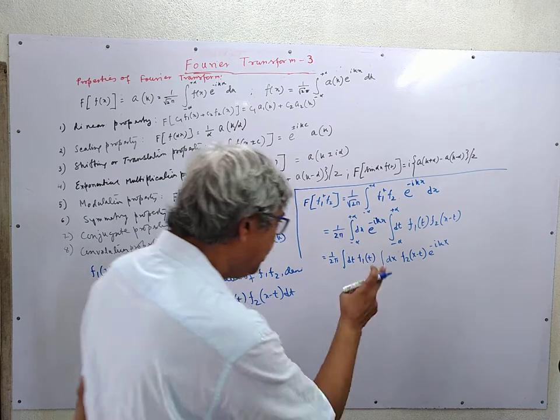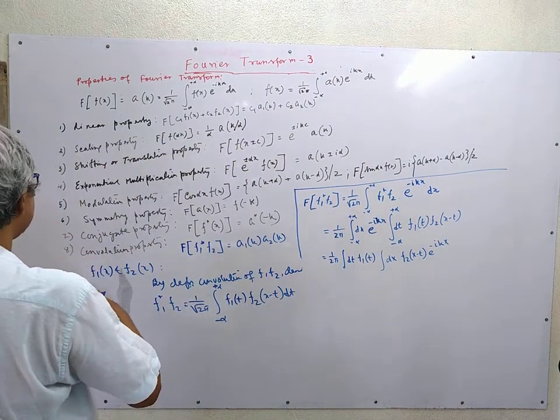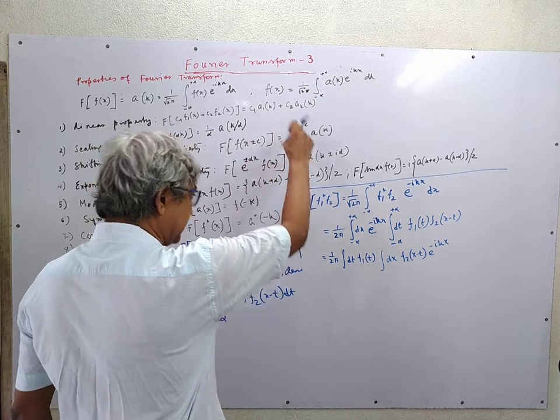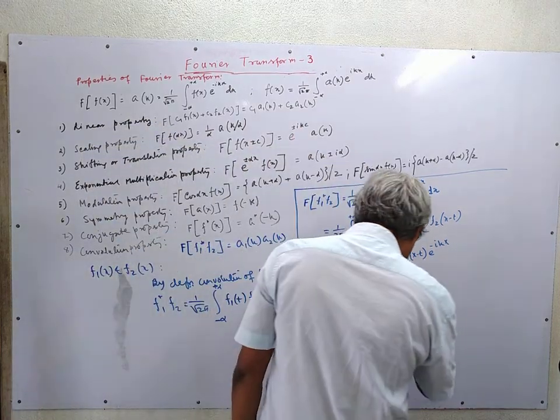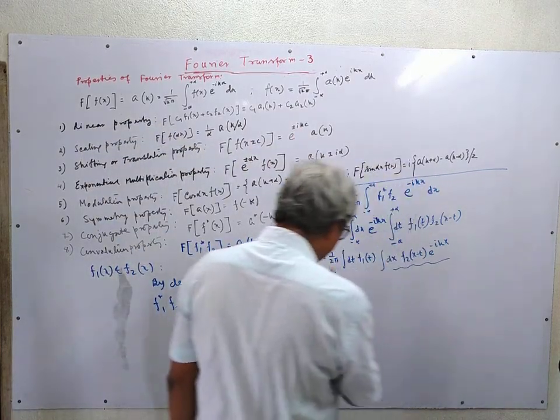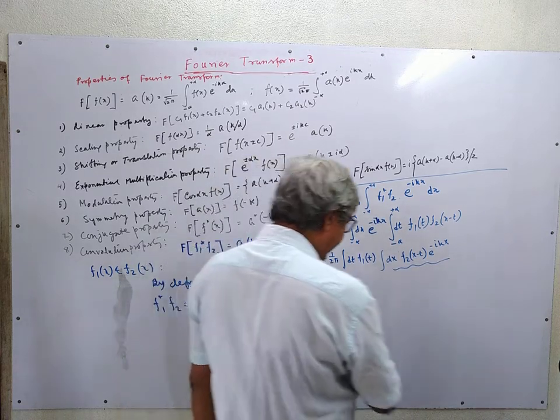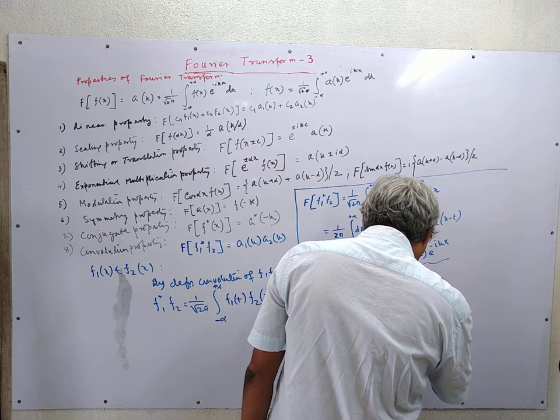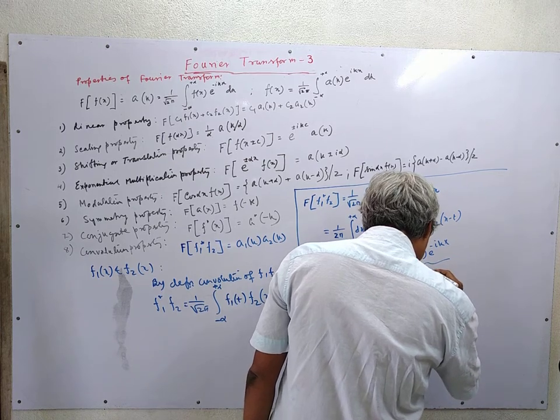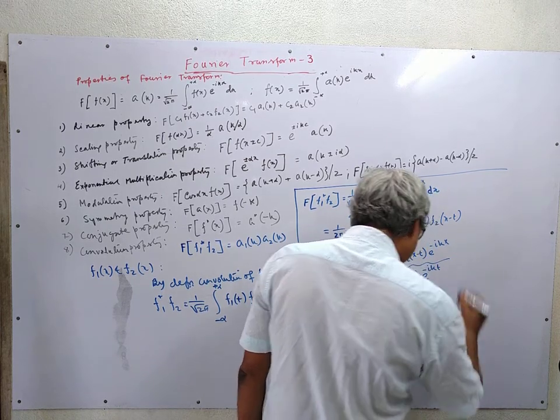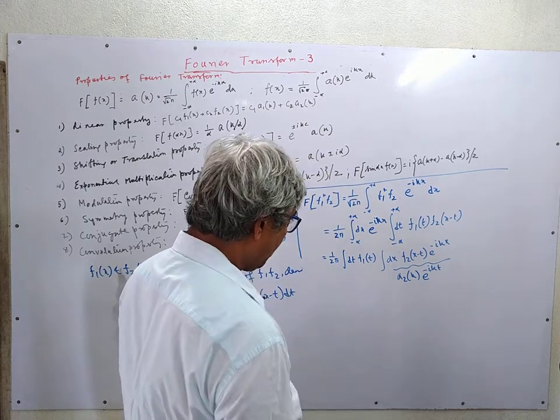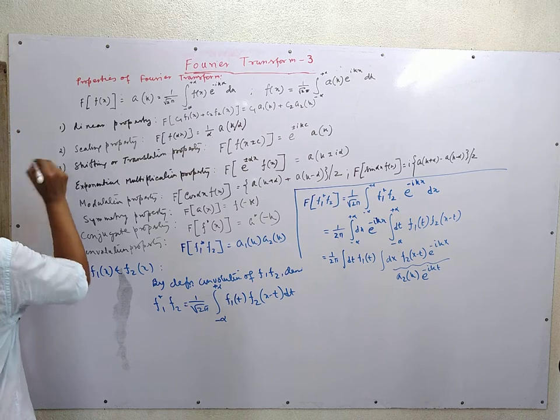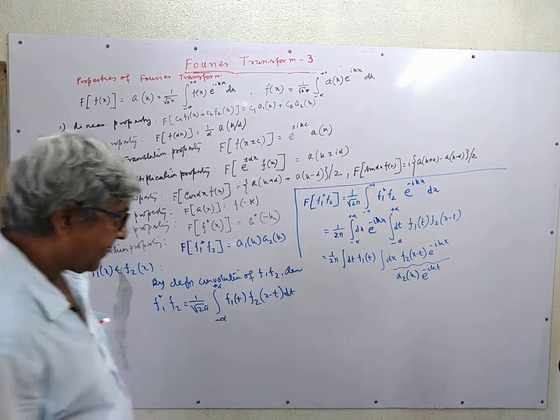Now we can use the shifting property. When we do this, if we take root 2 pi from there, it is A2 of k and there will be e to the power minus I k t. So we have used the shifting property, the third property, over there.